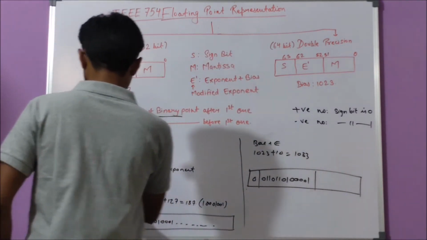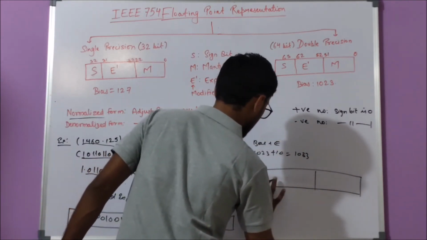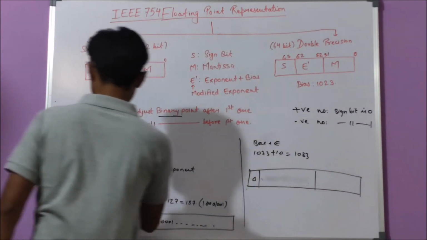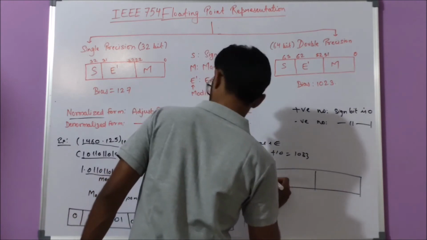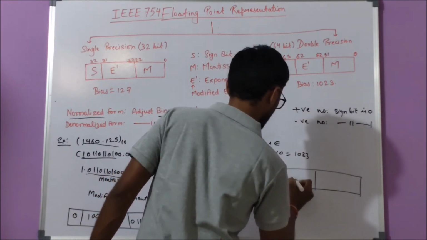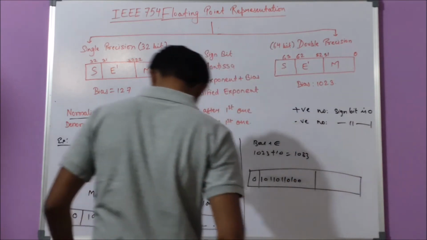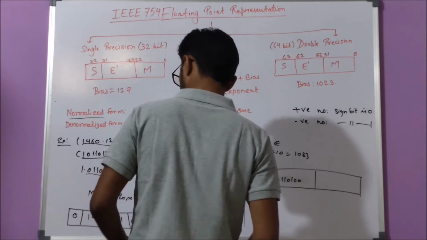Oh, I have to write this part and I have written this, so let's erase it. Mantissa is this: 1 0 1 1 0 1 1 0 1 0 0, 1 2 3 4 5 6 7 8 9 10. Okay, so we have written it here.